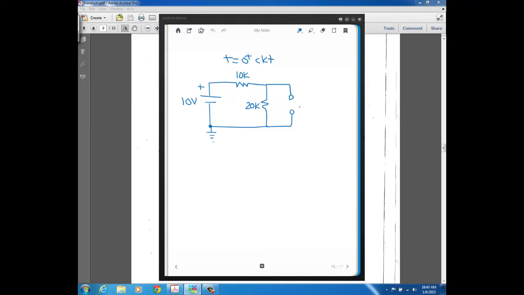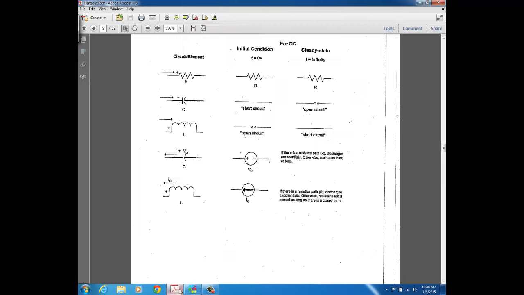Alright, so here I replaced the inductor symbol with an open, because as we talked about previously and as on our sheet, if you have an inductor that doesn't have any initial stored energy, well, at t equals 0 plus, it acts like an open, right? It's just the opposite of the capacitor case.